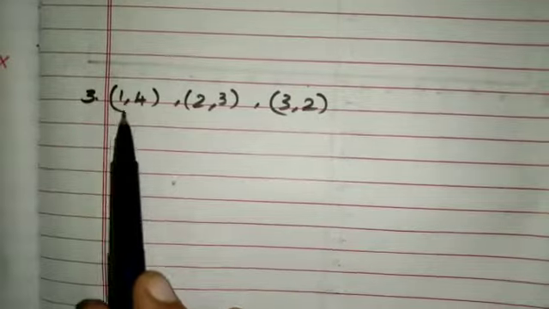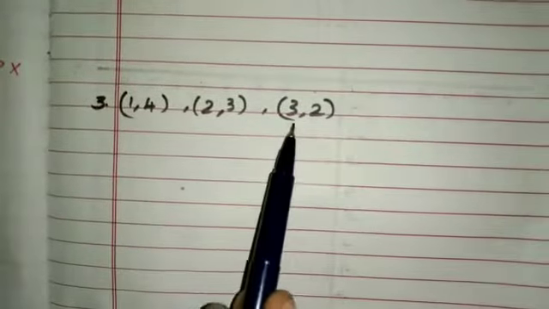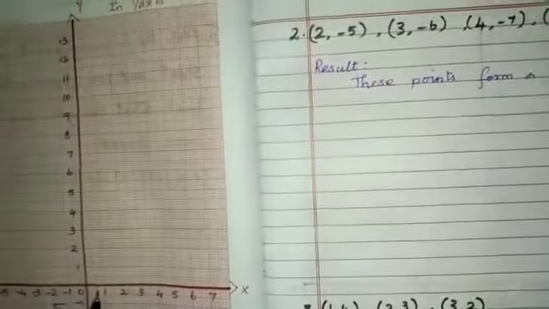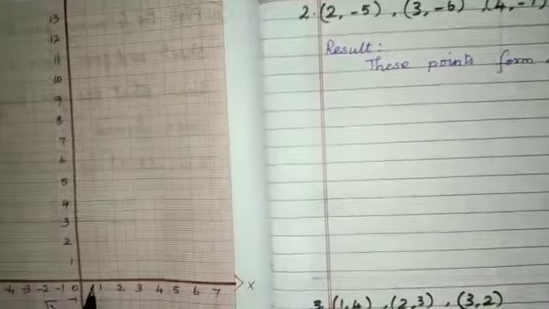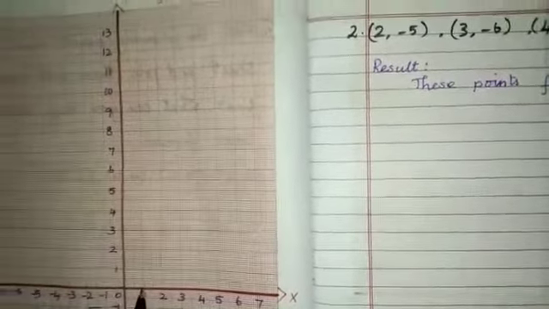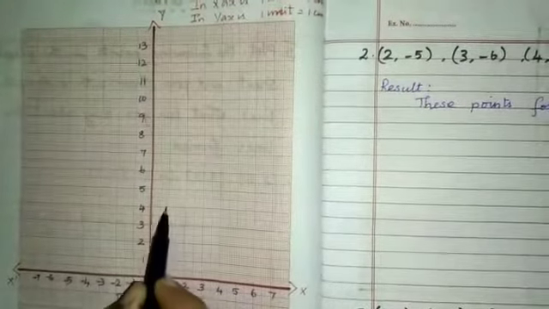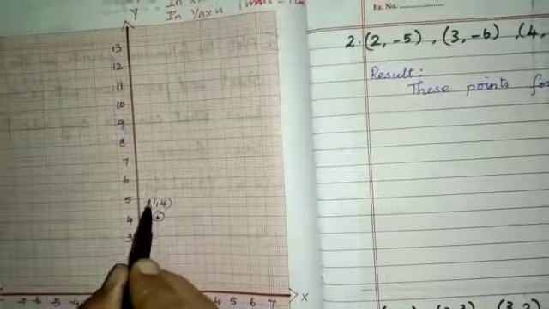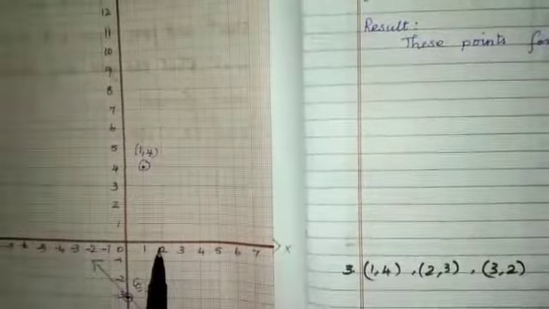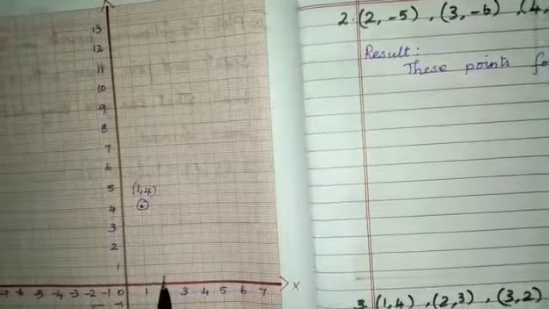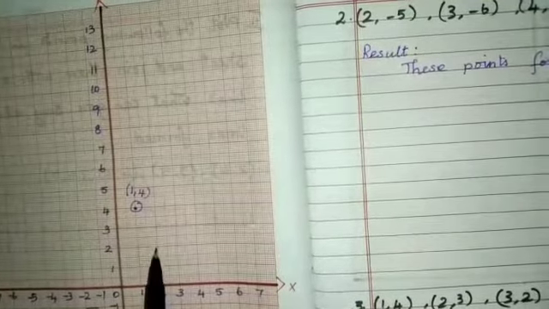Next question is (1, 4), (2, 3), (3, 2). So plot the points on the same graph sheet. (1, 4): here 1 is on the x-axis, 4 means positive, so above the horizontal line. So 1, 2, 3, 4. This point is (1, 4). Next one is (2, 3). So 2 is on the x-axis, plus 3, so above the horizontal line. 1, 2, 3.